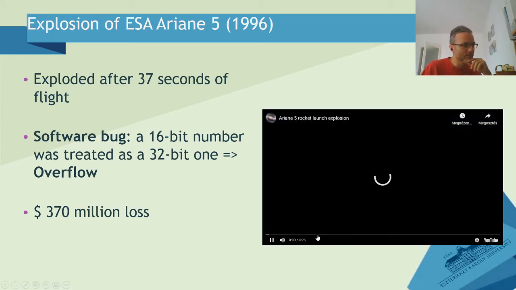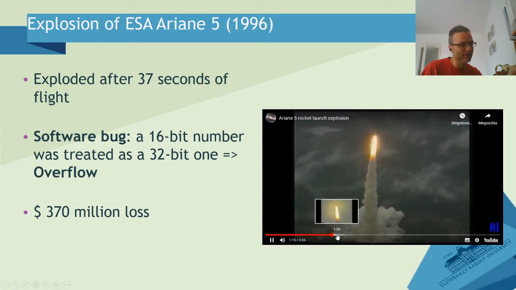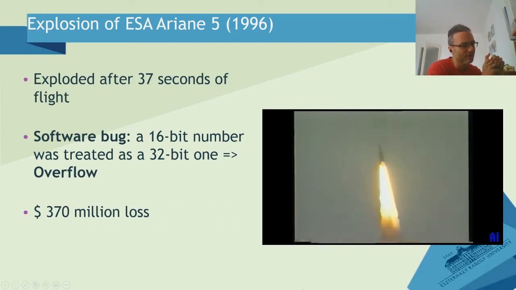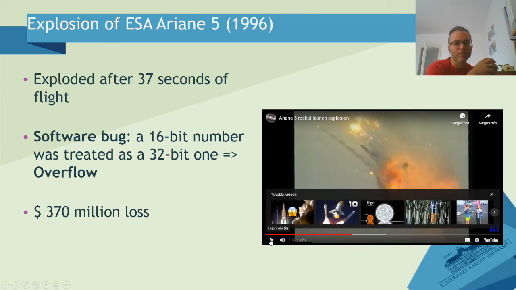In this particular case, I already gave you a spoiler: the rocket exploded only because of a programmer who didn't know what the types do. Maybe the programmer didn't attend one of the first programming classes at university, and caused several hundred million dollars of loss.